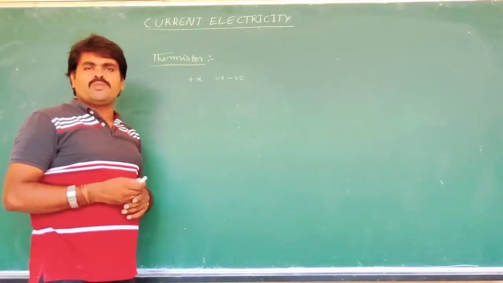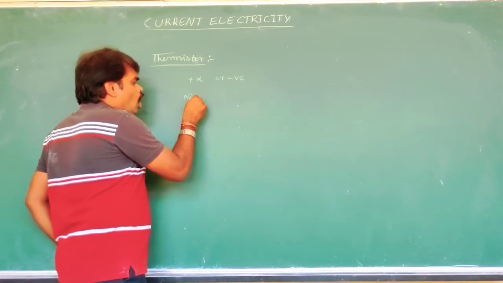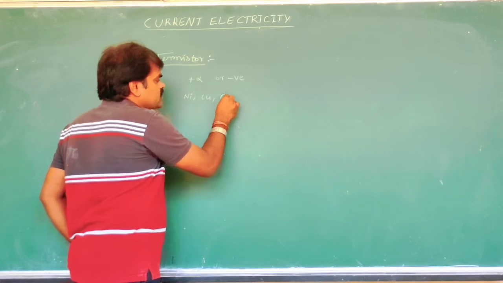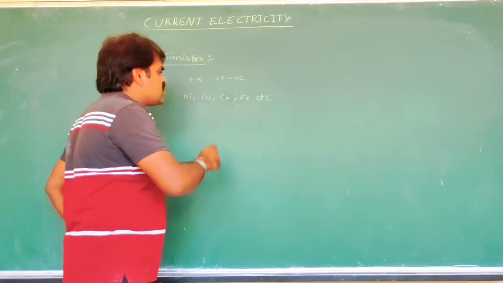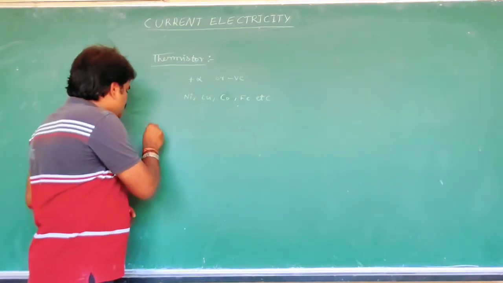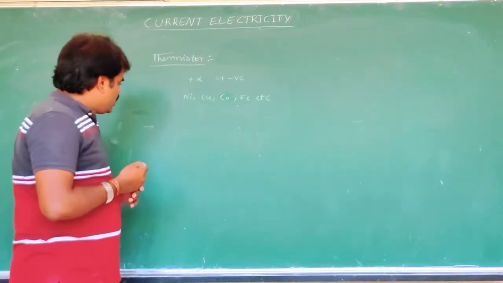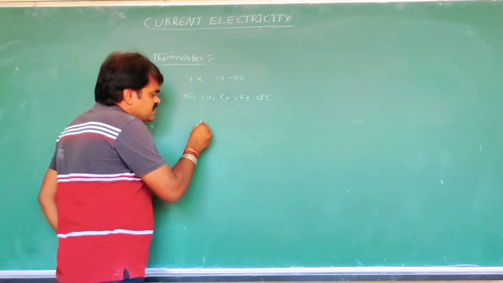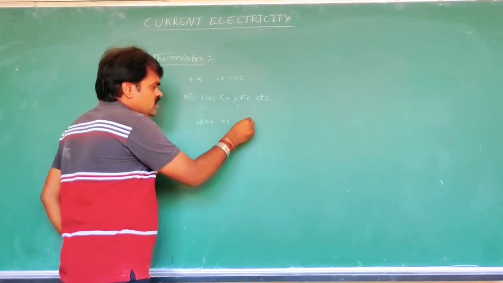Thermistors are usually prepared from oxides of metals such as nickel, copper, cobalt and iron. These compounds are semiconductors. The thermistor is very small in size, generally made in the form of discs or rods.